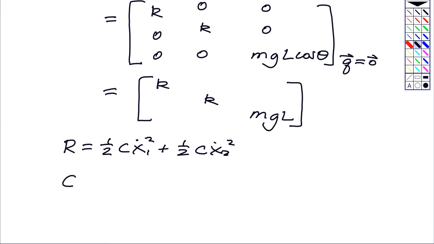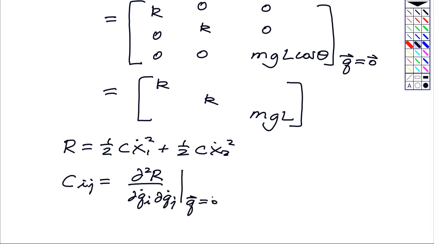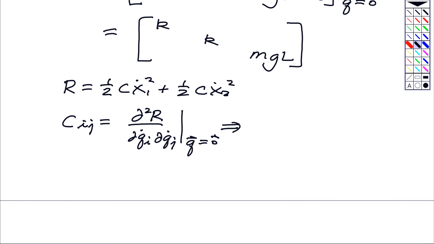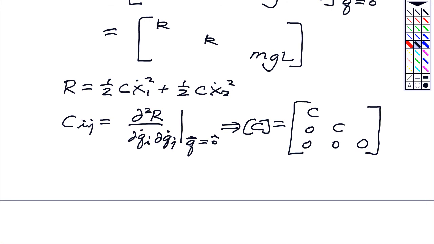The damping coefficients are the mixed partials of the Rayleigh dissipation function with respect to the Q dots, evaluated at the equilibrium state. So this says that our damping matrix C takes on this form: c, c, and a 0 on the diagonal, and zeros on the off diagonal.